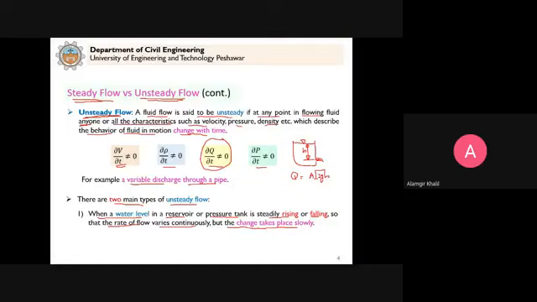So this is Q equals AV. This square root of 2gh is essentially Torricelli's theorem, which you derived by applying the Bernoulli equation. So this is the theoretical discharge. If we calculate the actual discharge due to losses, then we write a term known as the coefficient of discharge, CD.